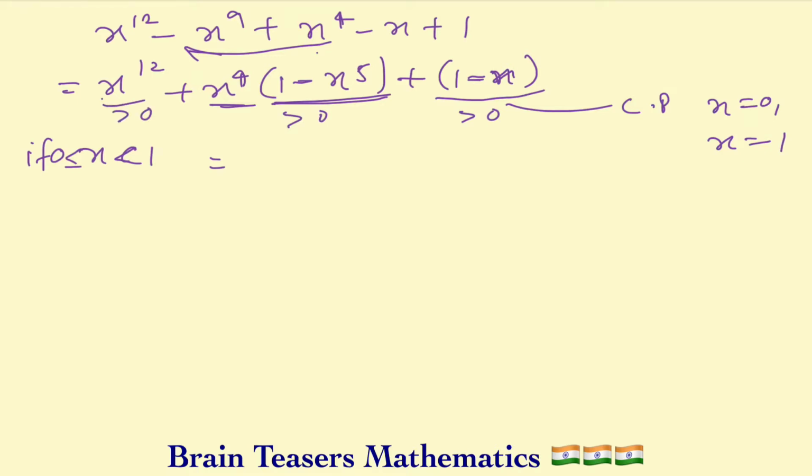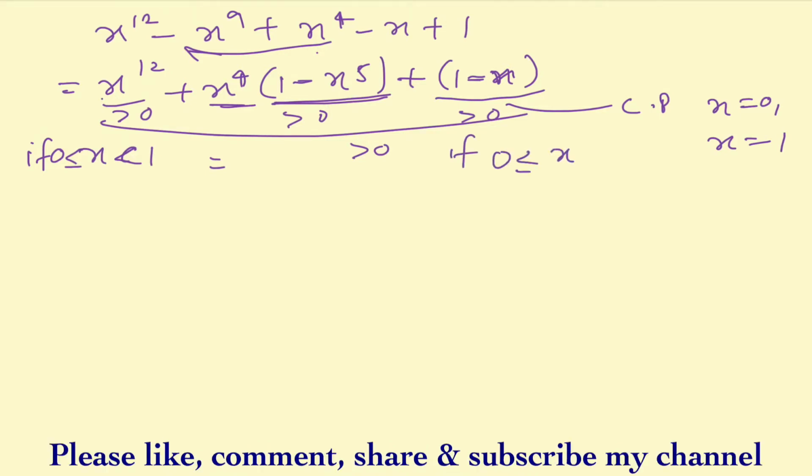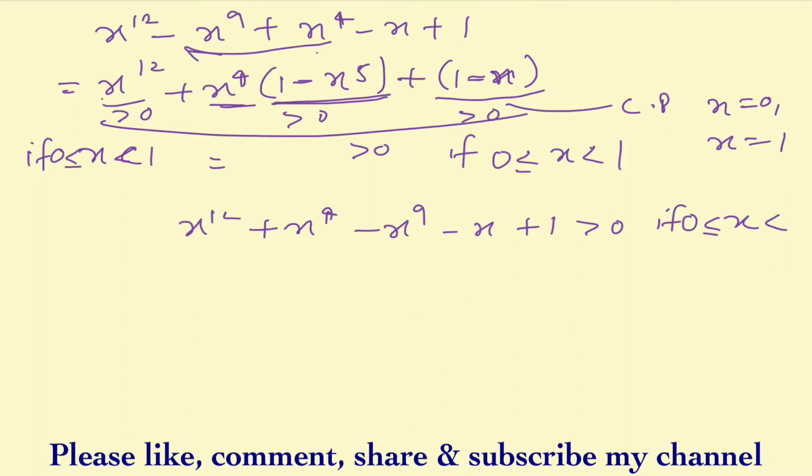So we can say that the whole thing will be greater than 0 if x is greater than or equal to 0 and less than 1. That is, x to the power 12 plus x to the power 4 minus x to the power 9 minus x plus 1 is greater than 0 if x is greater than or equal to 0 and less than 1.